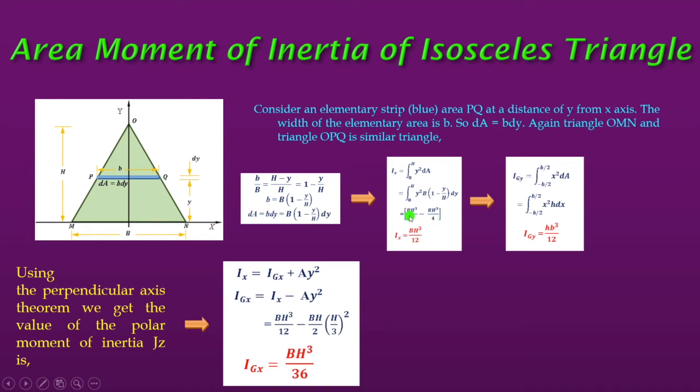So this Ix is not a centroidal axis. If we are asked to find the area moment of inertia about the centroidal axis, then how to calculate? Then we will use the parallel axis theorem.